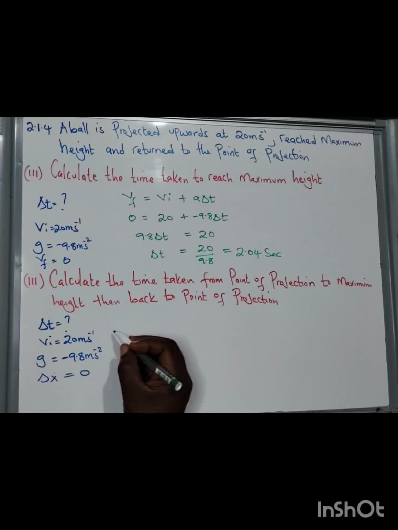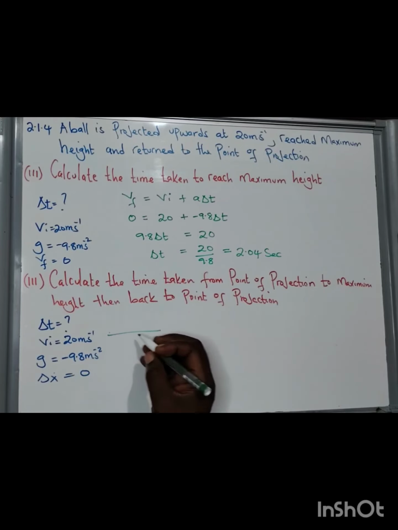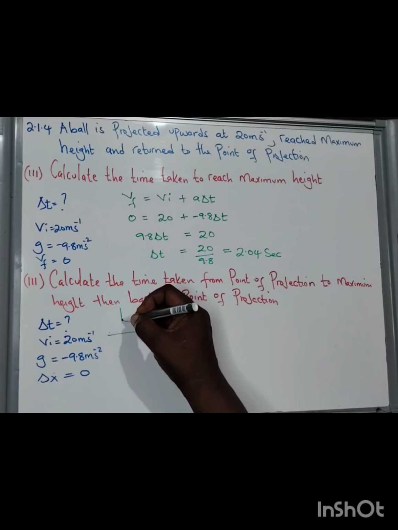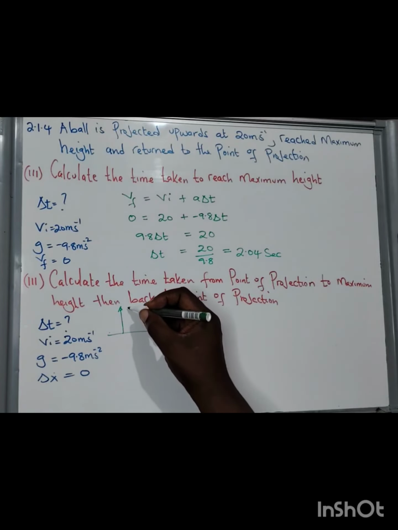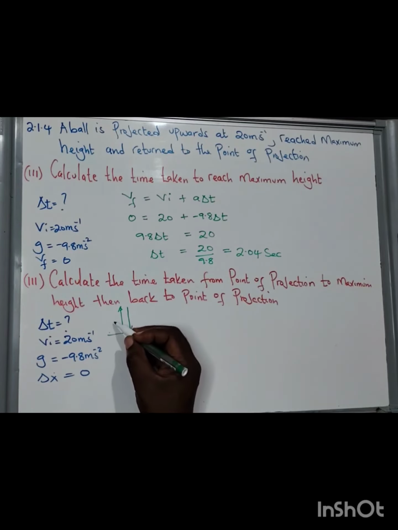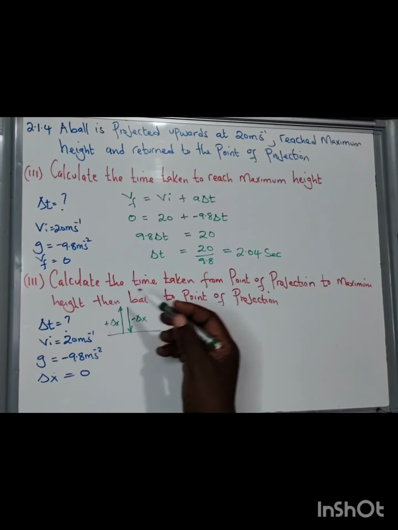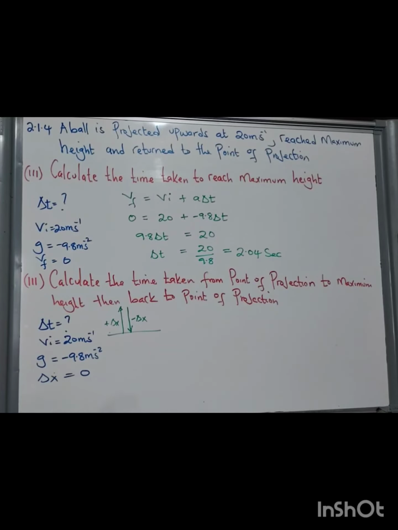This is the trajectory we have. A ball was projected upwards. It reached maximum height and the ball came back. So if this was delta X and we call it positive, then it covered the negative delta X. So the total sum of the displacement covered is 0.